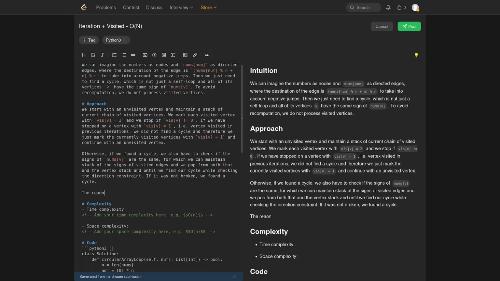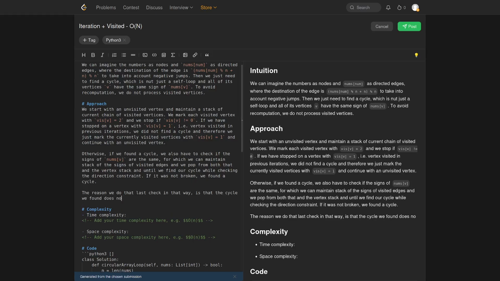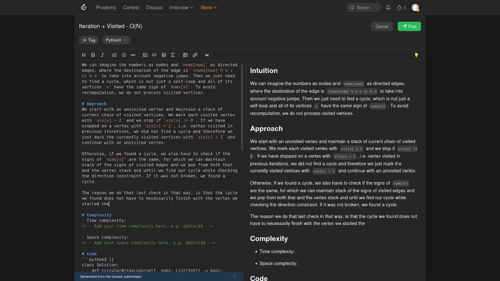The reason we do that last check in that way is that the cycle we found does not have to necessarily finish with the vertex we started the current search with.